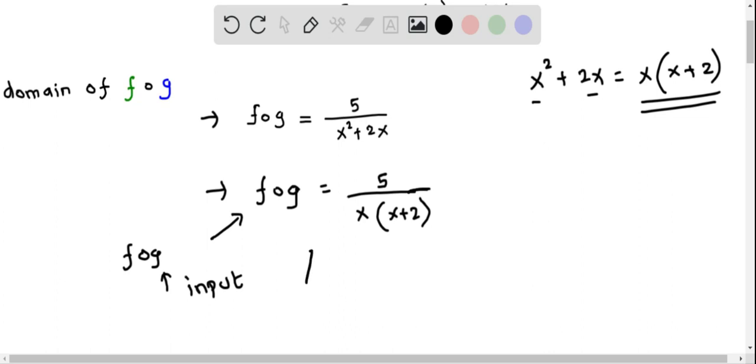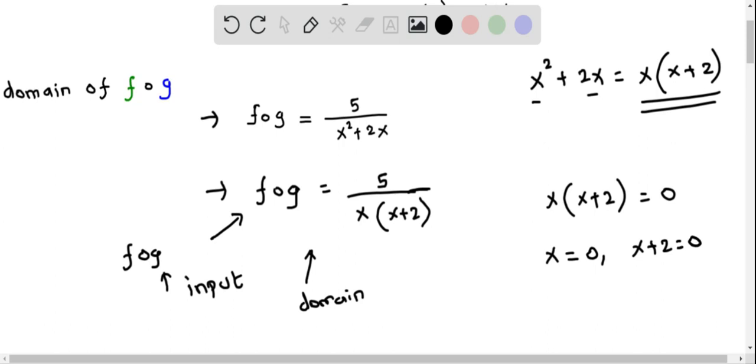So when you find the domain of this rational expression, we have to look for the denominator equals 0. So let's do that. I put this denominator expression x times x plus 2 equals 0, and this clearly says that x equals 0 and x plus 2 equals 0.